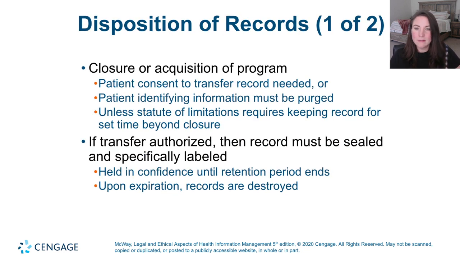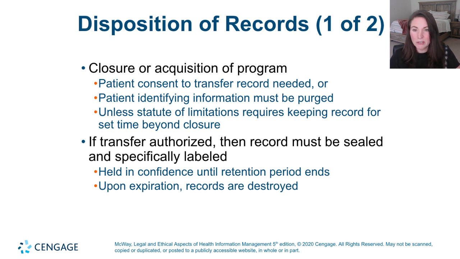Now, what happens if a treatment program closes or is acquired by another program? According to the regulations, the patient has to give written consent to transfer the record. If they do not give this consent, you have to purge or destroy any patient identifying information, unless the statute of limitations requires you to keep the records for a period beyond the closure or transfer.